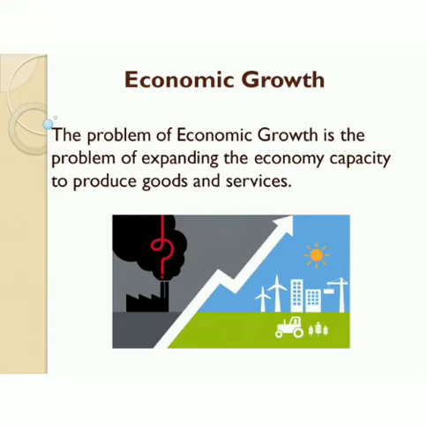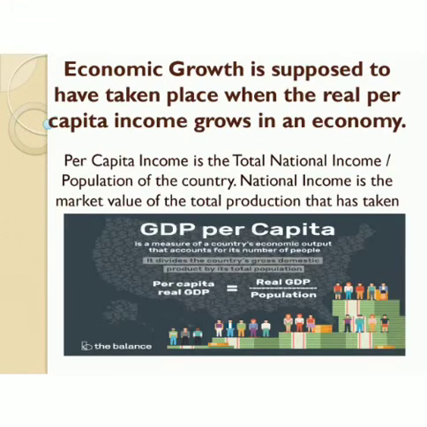But how do we know that economic growth is taking place? Economic growth is said to have taken place when the real per capita income in the country has increased on a year-to-year basis. Now, what is real per capita income?